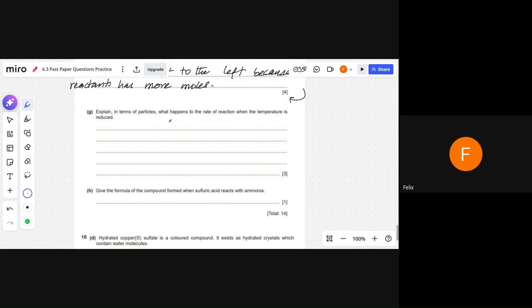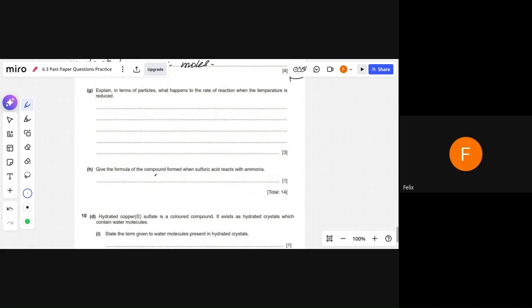Explain in terms of particles what happens to the rate of reaction when the temperature is reduced. The particles will lose kinetic energy, right? They will slow down, there will be fewer collisions, and the number of particles having activation energy will decrease, and that is why the rate of reaction will slow down.